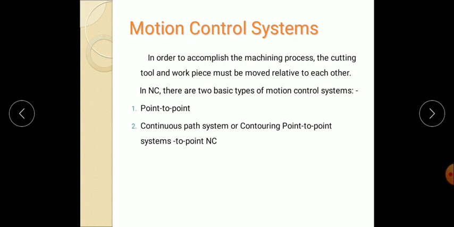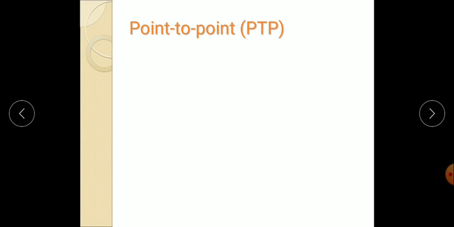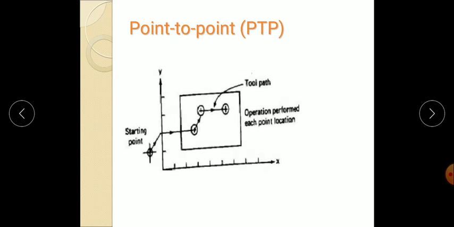First we study what is this point to point system. So this is the figure related to the point to point system. As you can see here, this is the starting point and these are the operations at each location that need to be performed, and this is the tool path. In this it is sometimes called the positioning system.